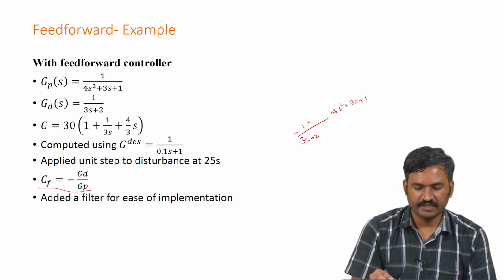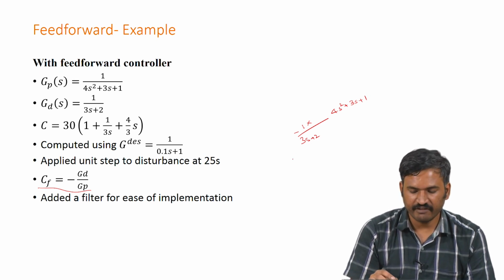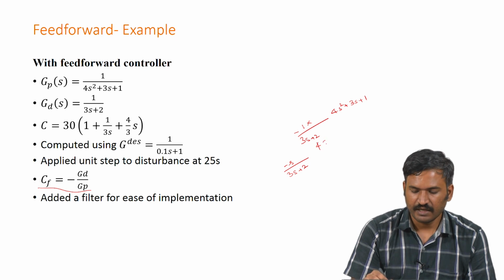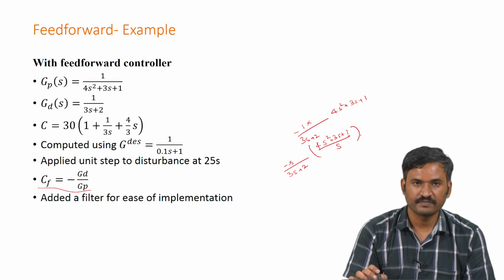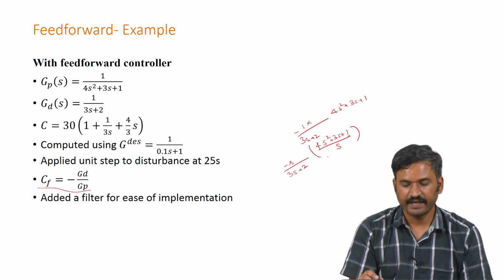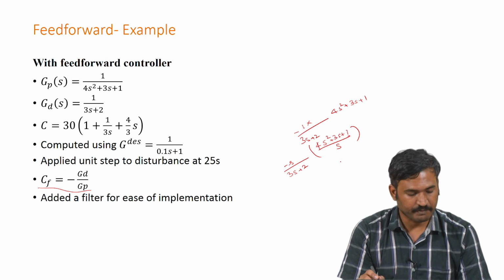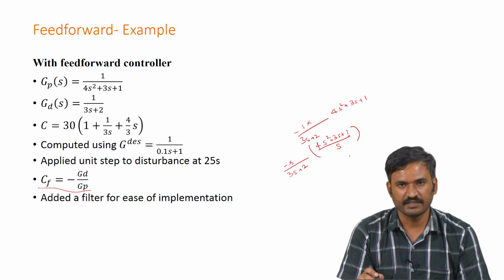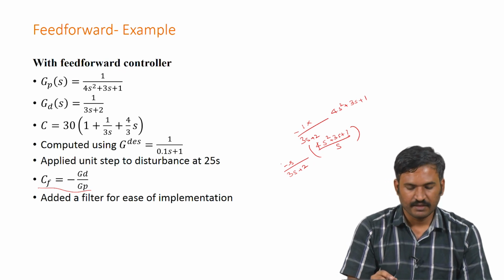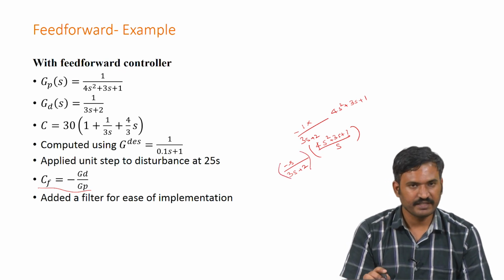For simplicity, I have multiplied and divided by s, so that I have a filter minus s by 3s plus 2 and 4s square plus 3s plus 1 divided by s as my PID controller. Based on this I have computed the P, I and D parameters and entered these parameters into the PID block. This filter has been added for ease of implementation.